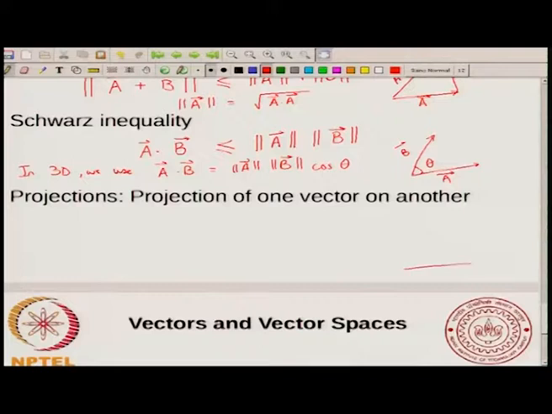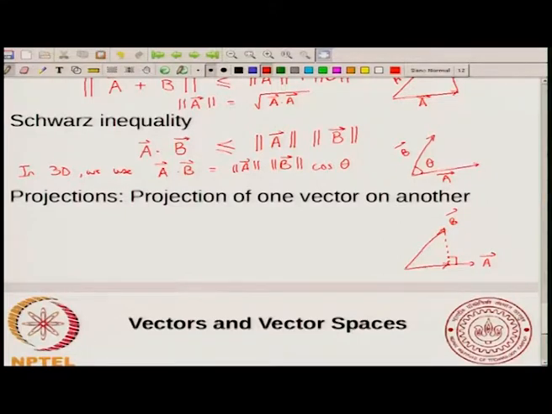So, again suppose you have A vector and this is your B vector. You can ask what is the projection of B onto A. In 3 dimensions, you know that if you drop a perpendicular from the end of vector B to vector A, then this is called the projection.